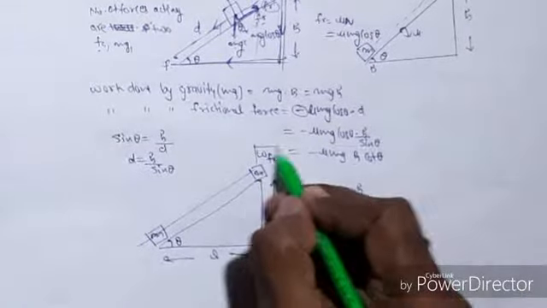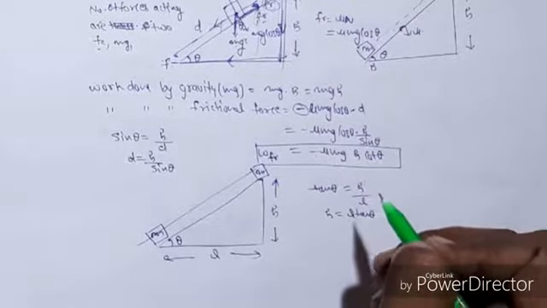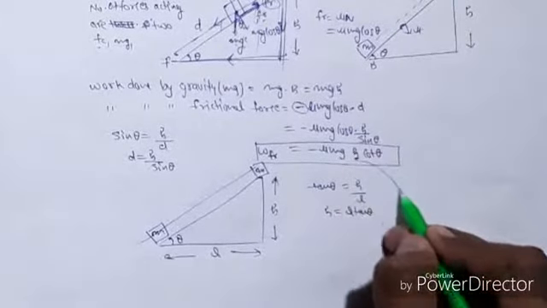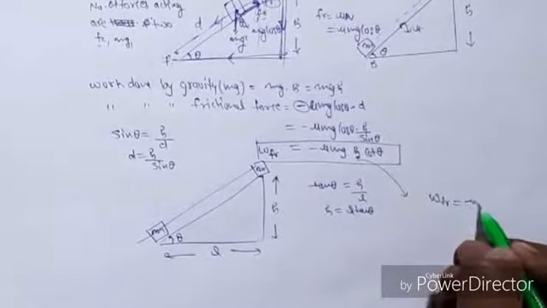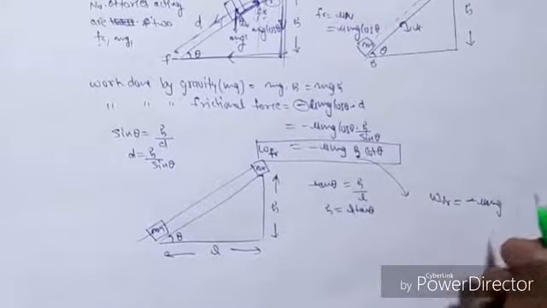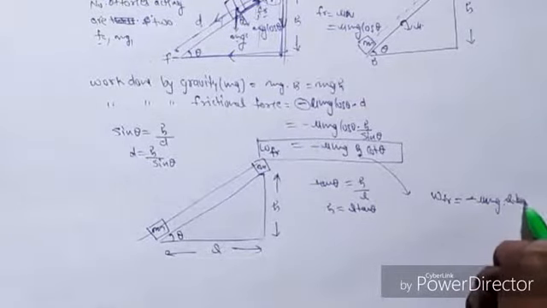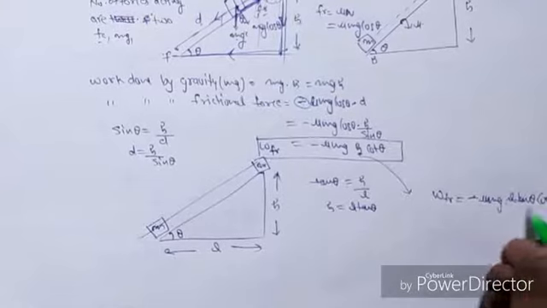So the work done which you have found, minus mu mg cos theta h cot theta, can be replaced: minus mu mg, and in place of h we put L tan theta times cot theta.